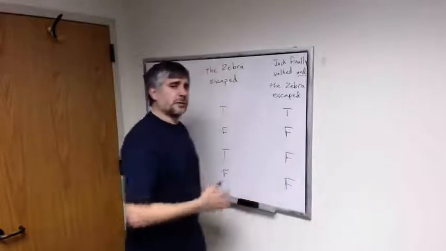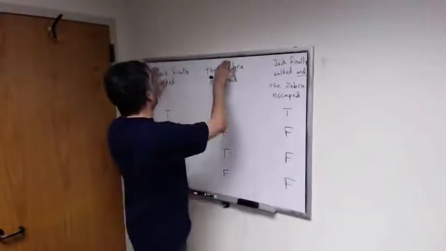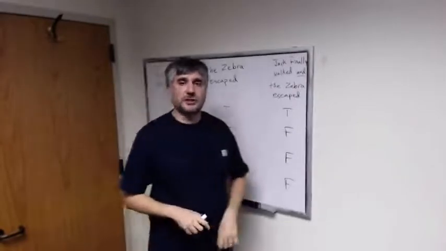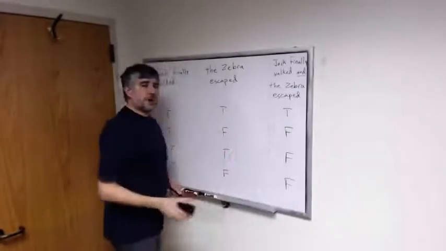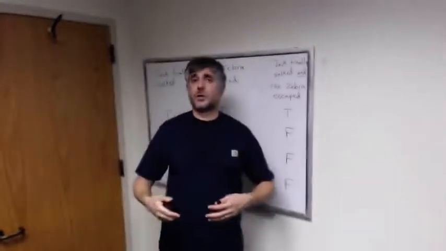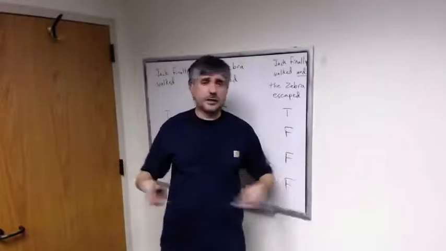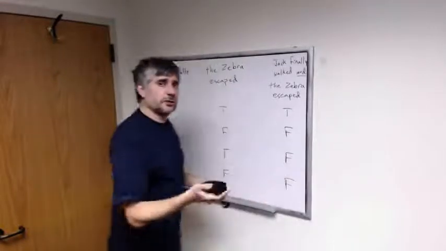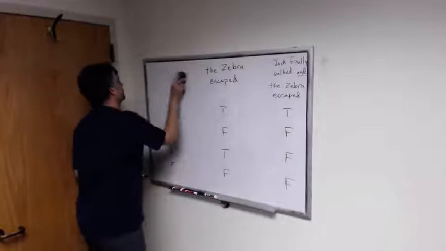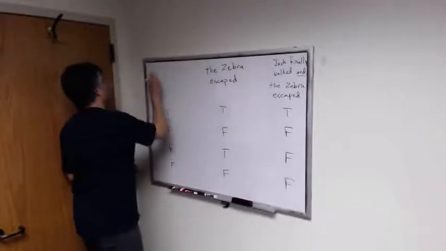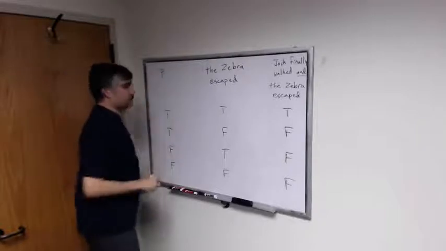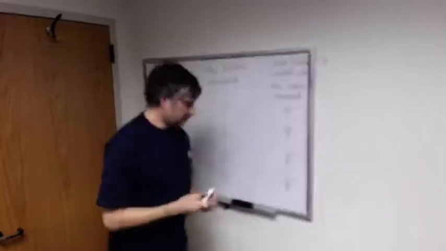Now, since the truth table stays the same even when we change these propositions up on top, we could represent that fact by replacing these propositions altogether with variables that can range over any proposition. So for instance, instead of saying Jack finally walked, we could just have a variable here, call it P1, our first proposition.